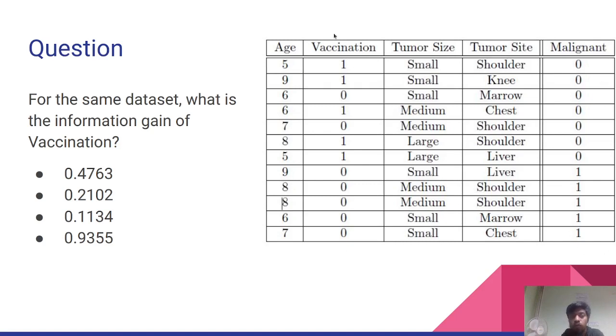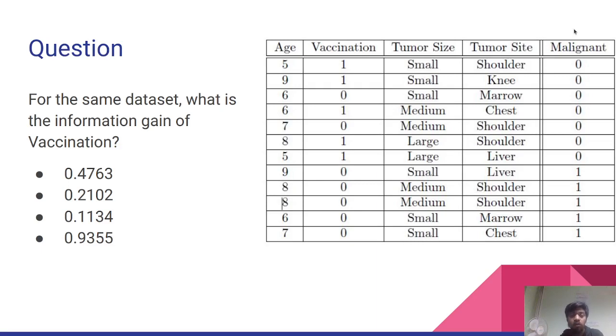If we have the vaccination, what is the information gain by this column? We have to find it via calculation of entropy of vaccination with respect to this label. By that we can find the information gain.